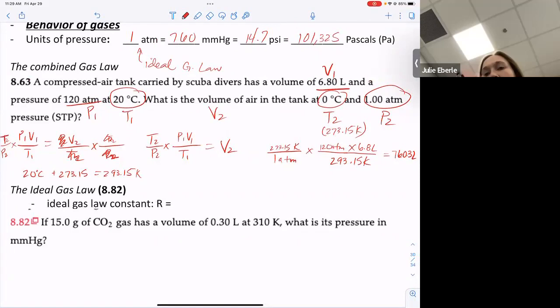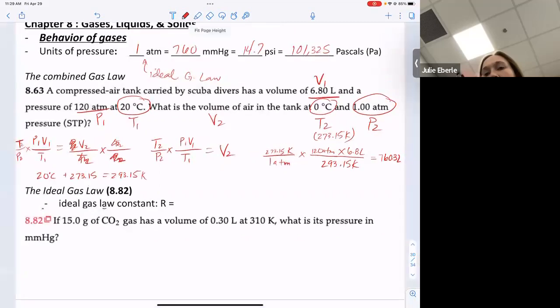So a lot of gas, a lot of air. We're doing some deep scuba diving. That freaks me out. I don't think I could ever go deep down in the ocean.